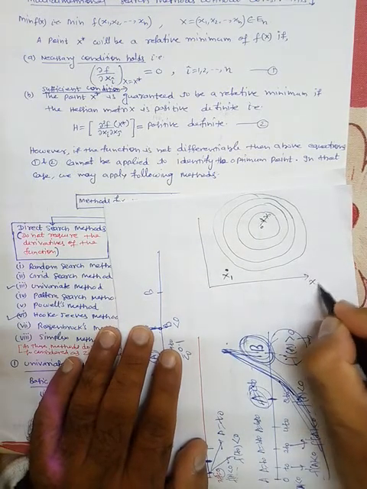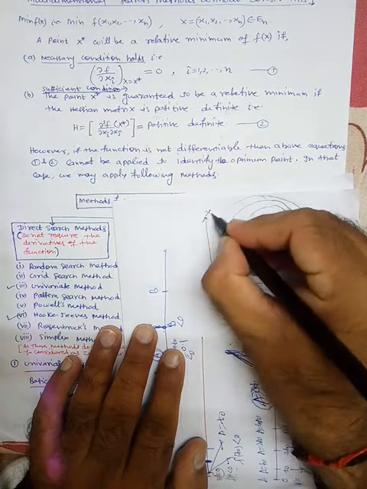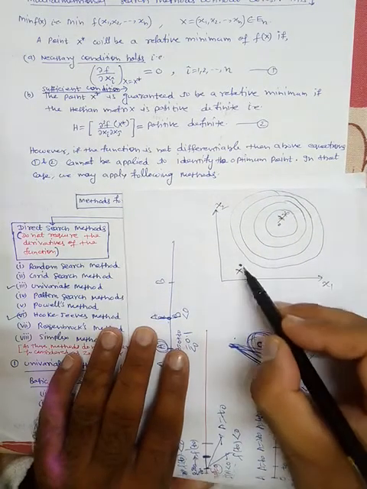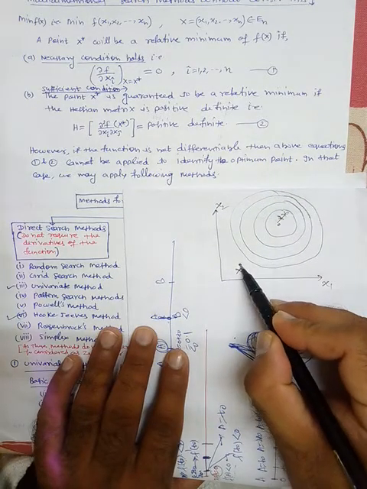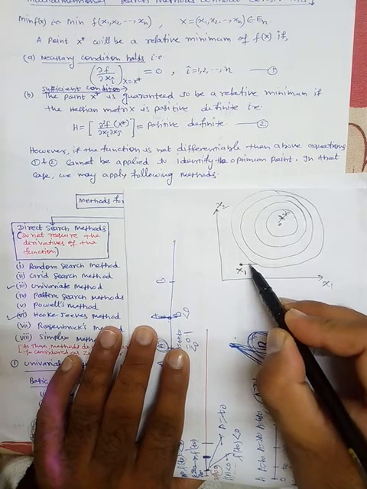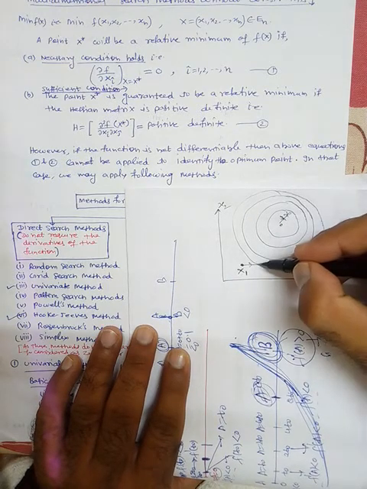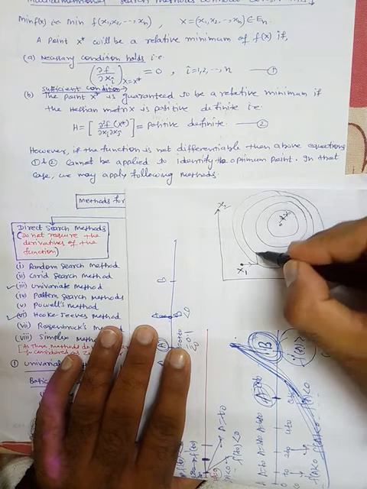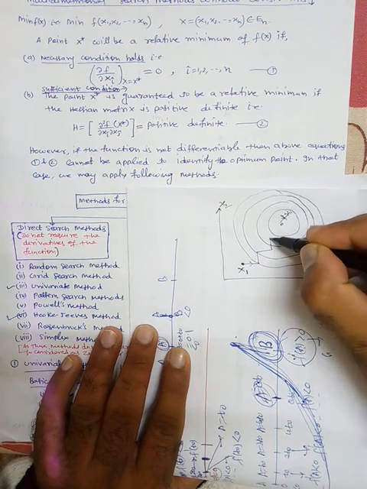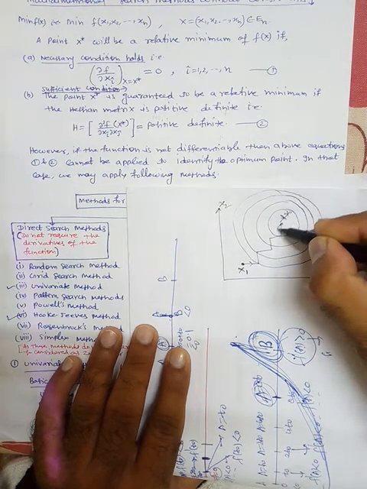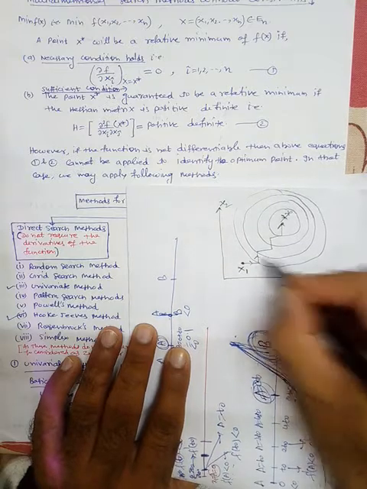This is x1 direction, this is x2 direction. So in this method basically we will start here. We will move along, for example, x1 direction, then x2 direction, then x1 direction, then x2 direction, and then x1 direction, and then finally we will reach this. So this is the procedure.